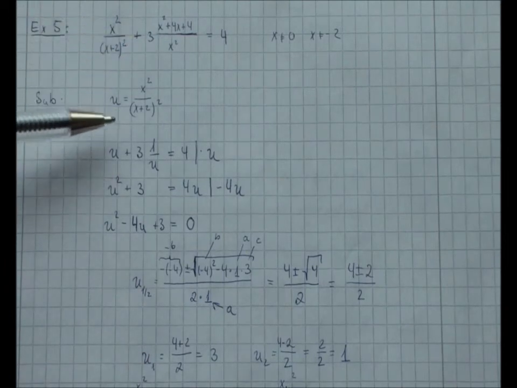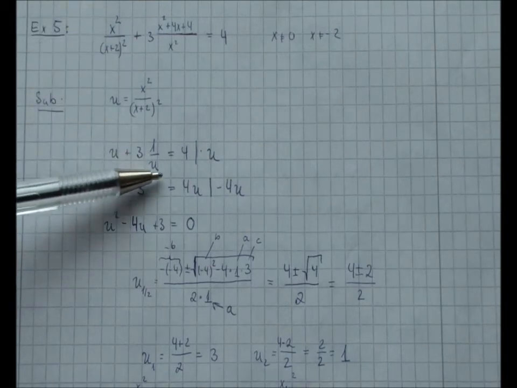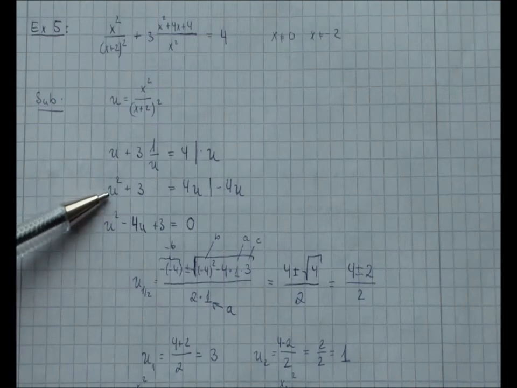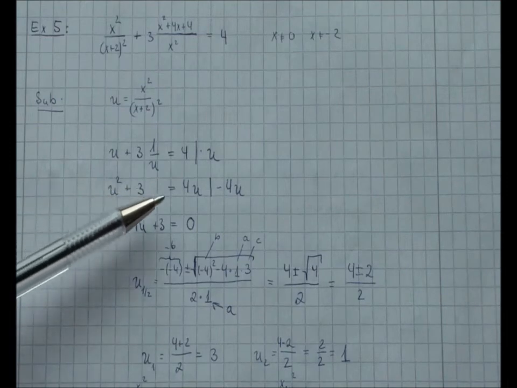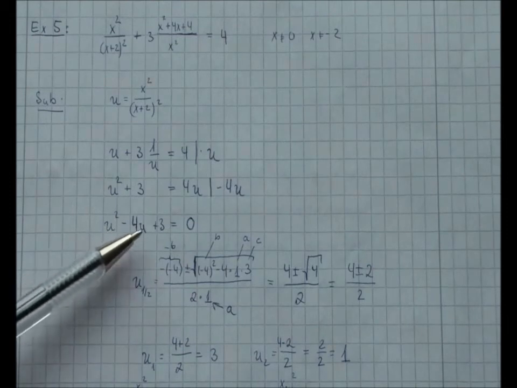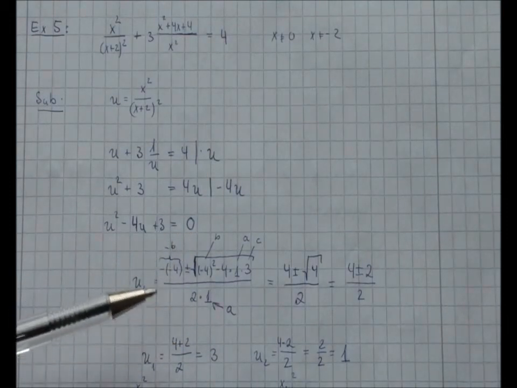So we hit that in, and this is equal to u plus 3 times 1 over u equals 4. We multiply out with u on both sides, you get u squared plus 3 equals 4u. We bring everything to the left hand side, we get u squared minus 4u plus 3 equals 0.